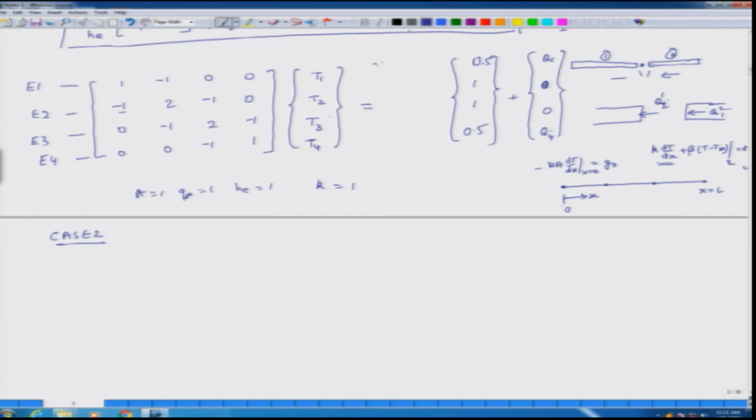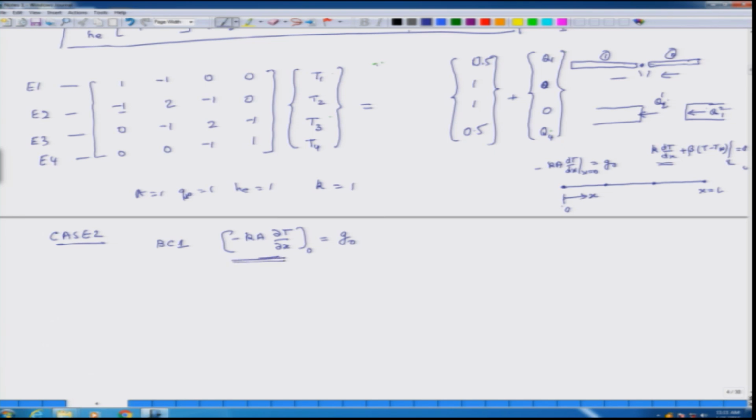Okay. So, BC1 is minus K A del T over del x at 0 equals G naught, and we know that the definition of Q1 is this thing.